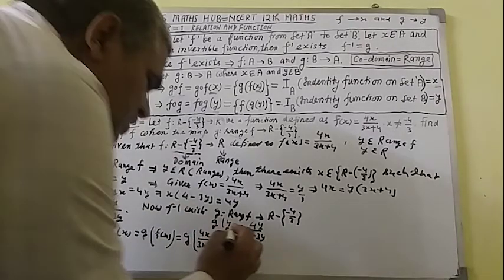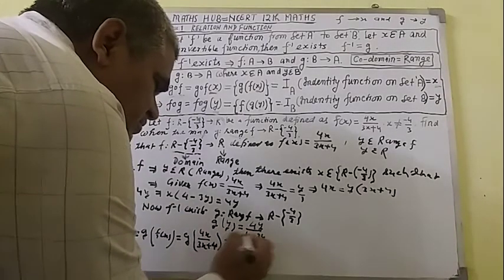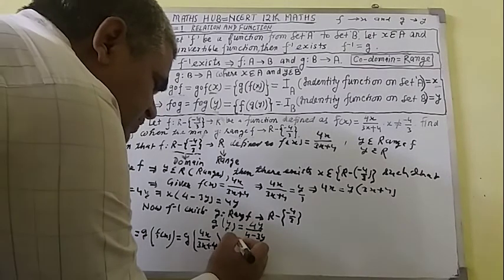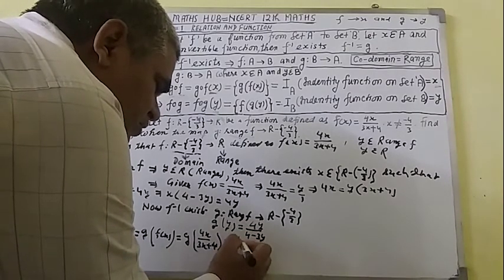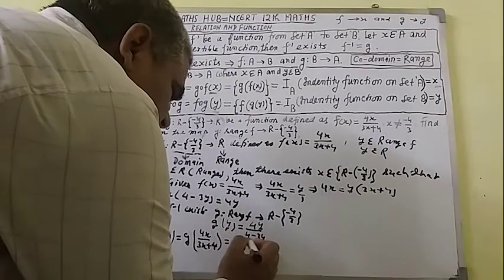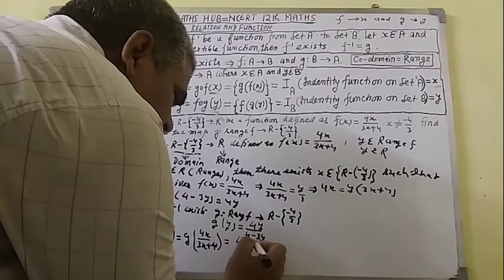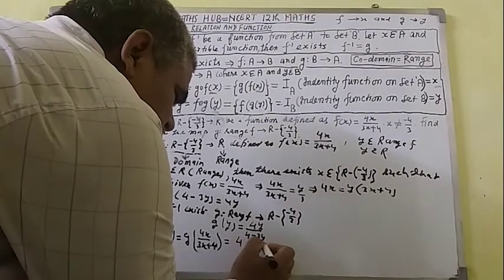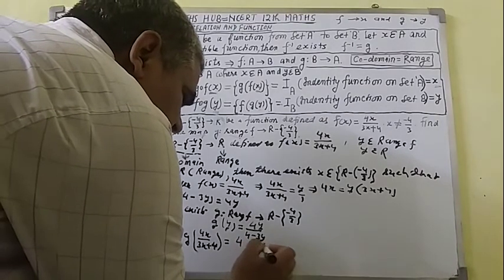So I am doing that here. On the right side it will become 4, and in place of y this value will be written. The calculation will be somewhat complicated, but it is easy.